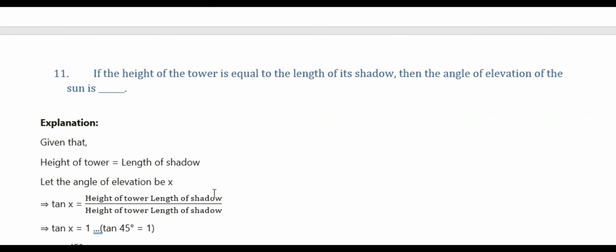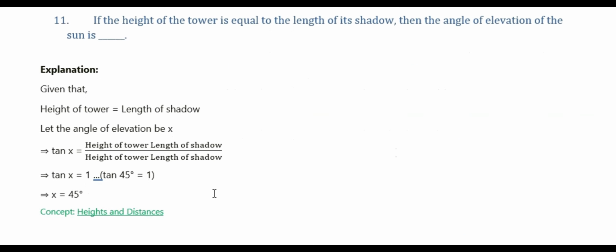Next question on your screen, number 11. If the height of the tower is equal to the length of its shadow, then what is the angle of elevation of the sun? Let the angle of elevation be x, then tan x equals height of the tower divided by length of shadow.